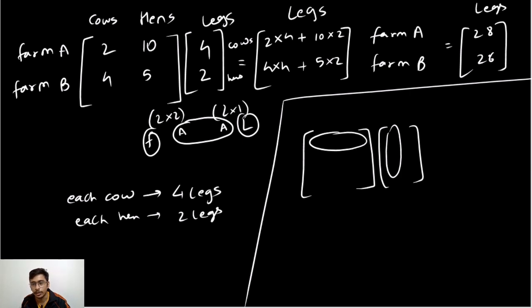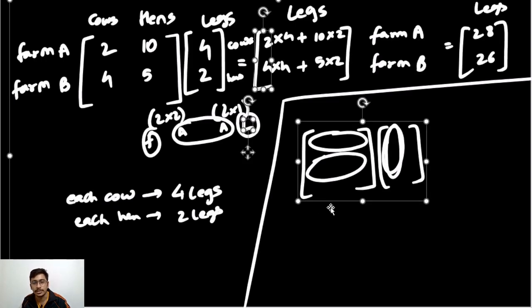Then for the next element, you do the same with the second row and that column, and you move ahead. So that is how you multiply matrices. Okay, let's do one more question.